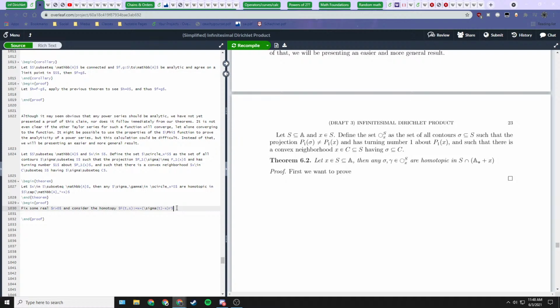And actually I think because we need this to be a convex sum, oh no, actually this is a convex sum, isn't it? Yeah. Okay. Instead of r, it's s, actually.